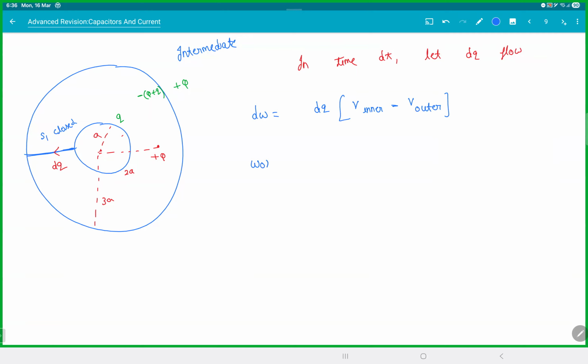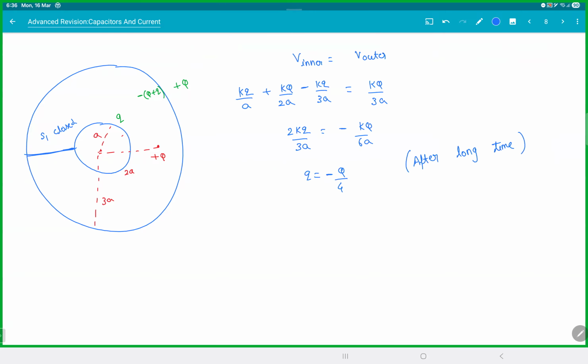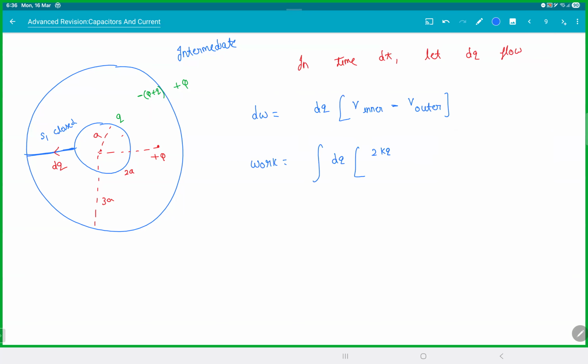And the total work will be integral dq, and V inner is how much? V inner is these three. How much is that? 2kq by 3a minus kq by plus kq by 2a, and the outer is anyway constant, which is kq by 3a.